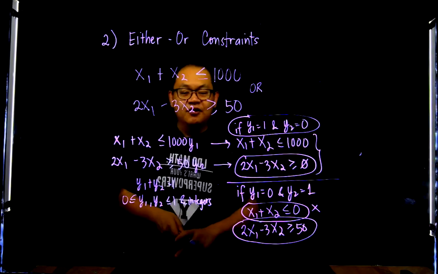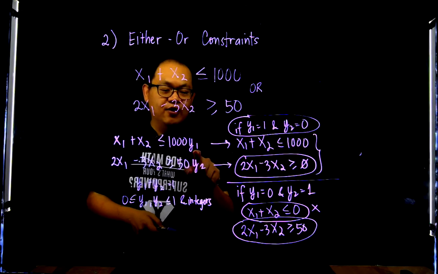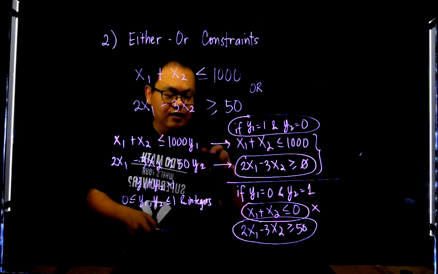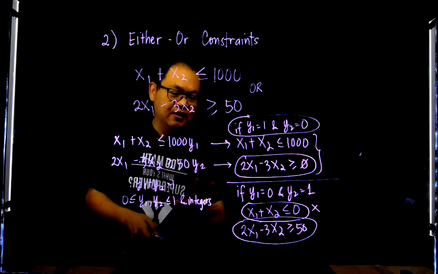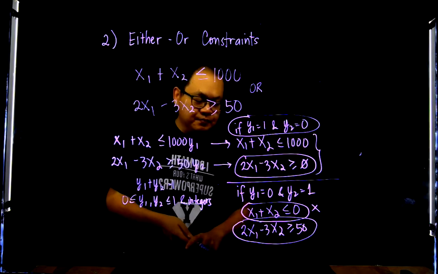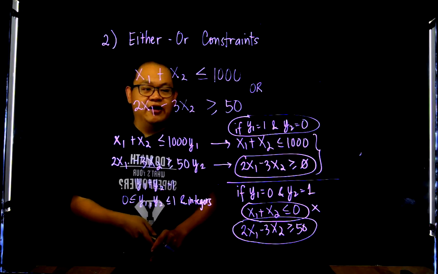And that is why multiplying the right-hand side with a binary variable y1 and y2 separately and stating that they can only be 1 or 0 and vice versa is technically not correct.